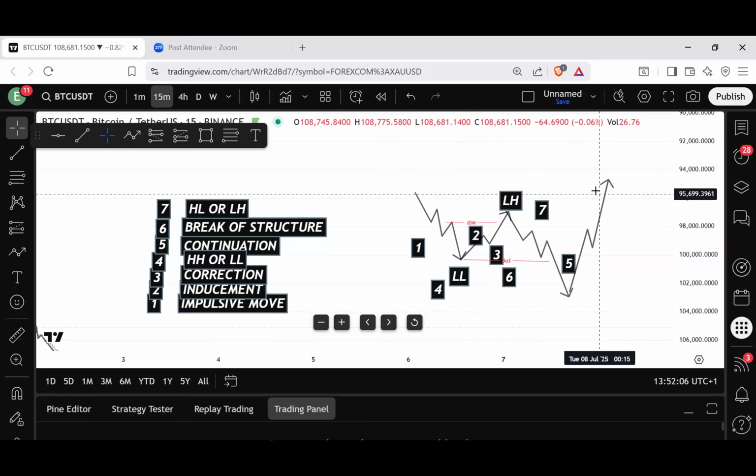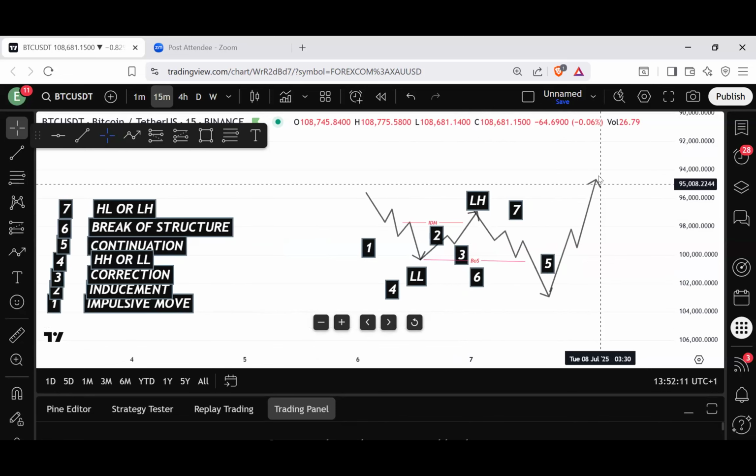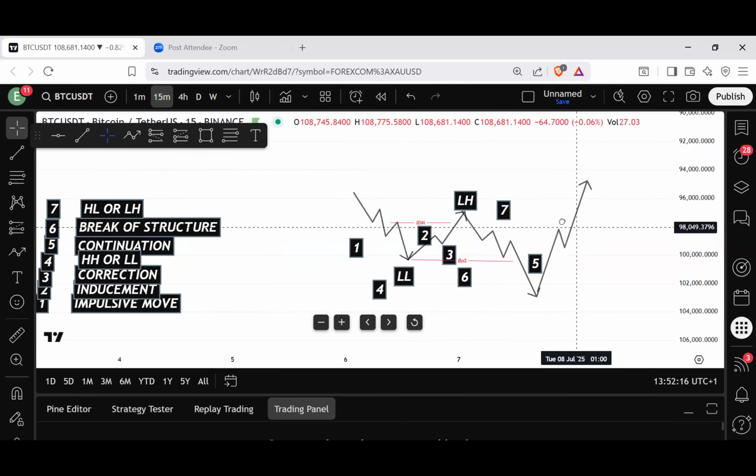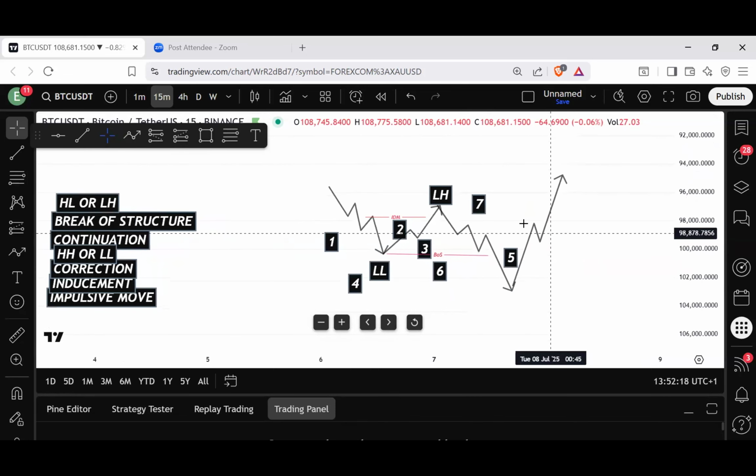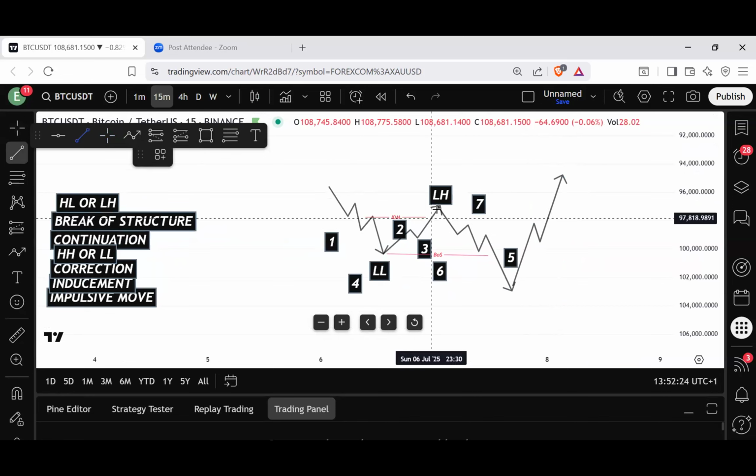So now we start going up. Yeah, that's true. Number 1 for the first impulsive move to the upside. The cycle is starting again from there. So there is no number 8 actually. It is again starting from number 1.